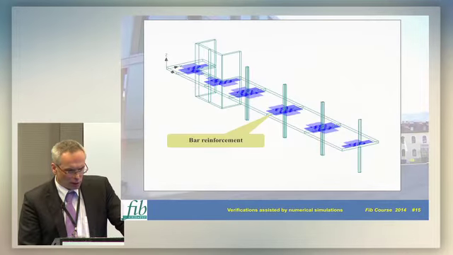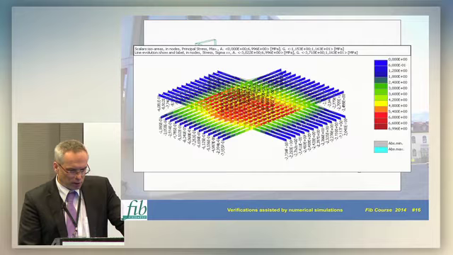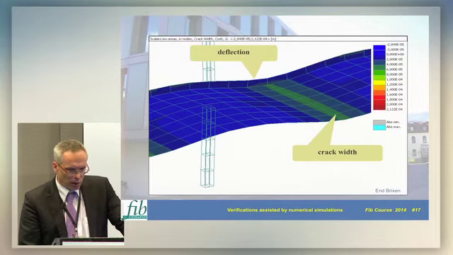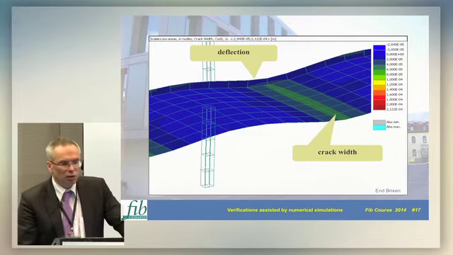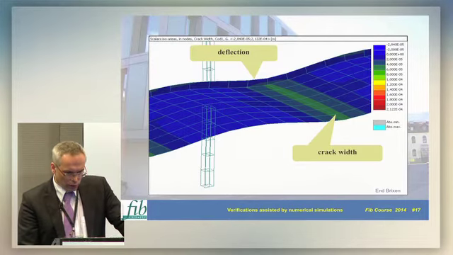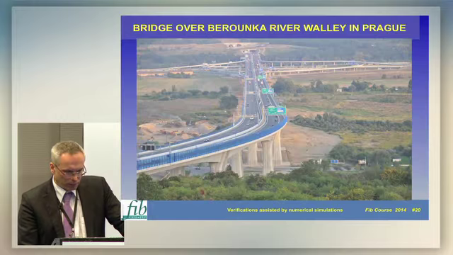And here is the picture of the reinforcement stresses, and more important also here we see the development of the crack width in the middle of the span. So this shows the crack width along with the deformed shape.